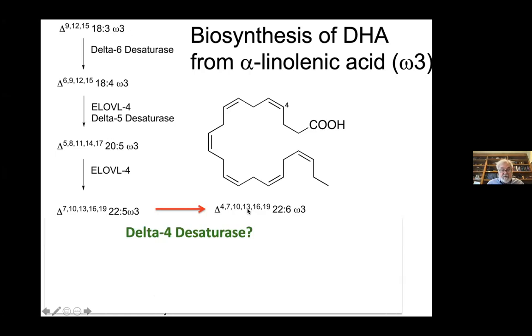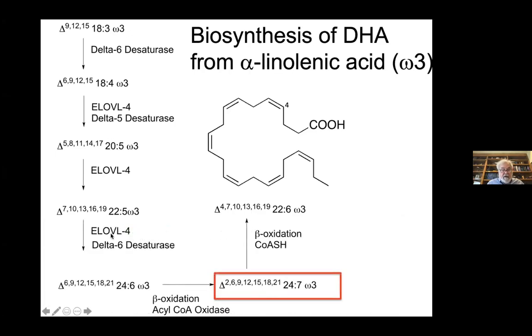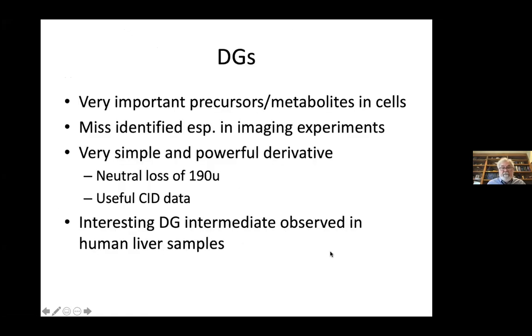We know that's not true. What happens is it's elongated and then desaturated to 24 with 6. And then if you do the first round of beta oxidation, you get 24 with 7. Complete beta oxidation, you go down to 22-6. So the 24 with 7 turns out to be a beta oxidation intermediate.